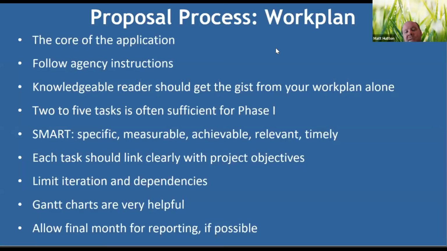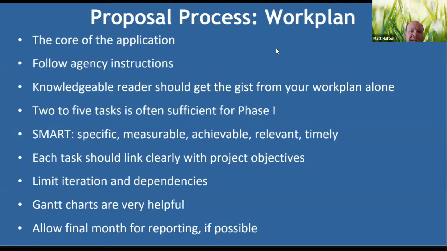A lot of first-time applications get stuck here. You don't want to have a task 2 that depends solely on your task 1, because then if you get stuck or something goes off the rails in task 1, you're not going to be able to succeed in task 2. So you should think about designing tasks that don't depend on each other too much, unless you're really confident you can do them.